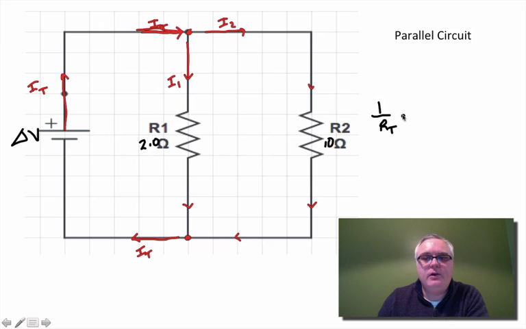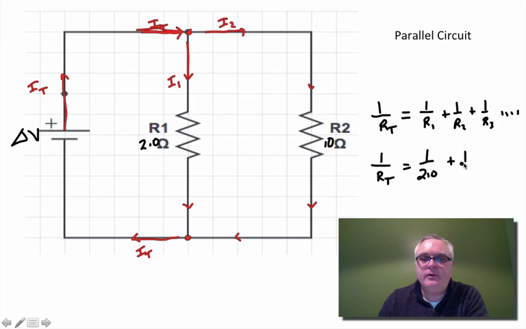So what I find is 1 over the total resistance is equal to 1 over R1 plus 1 over R2 plus 1 over R3. There can again be as many resistors as you want, but you find the total resistance by finding the sum of the 1 over each individual resistor.